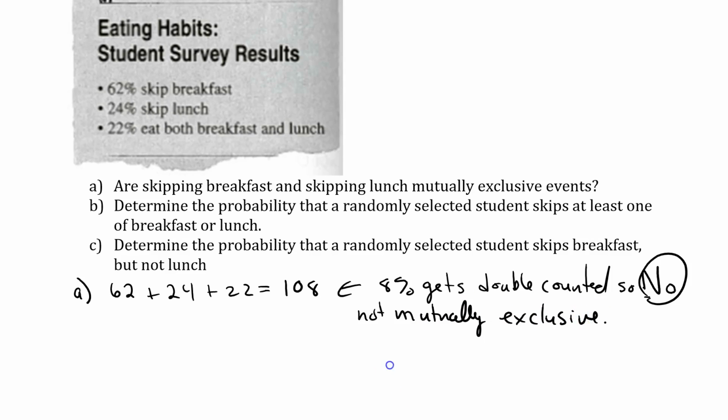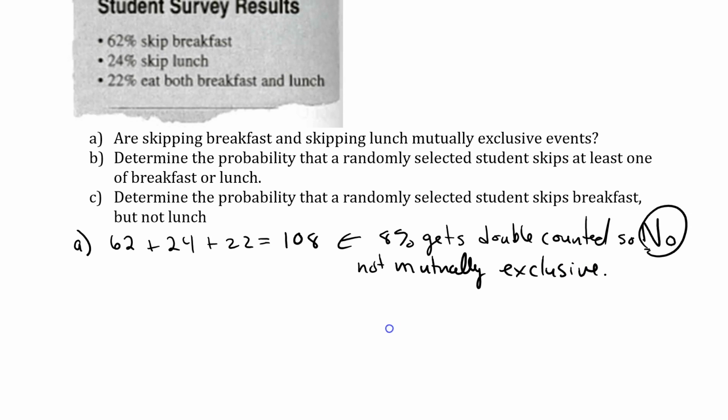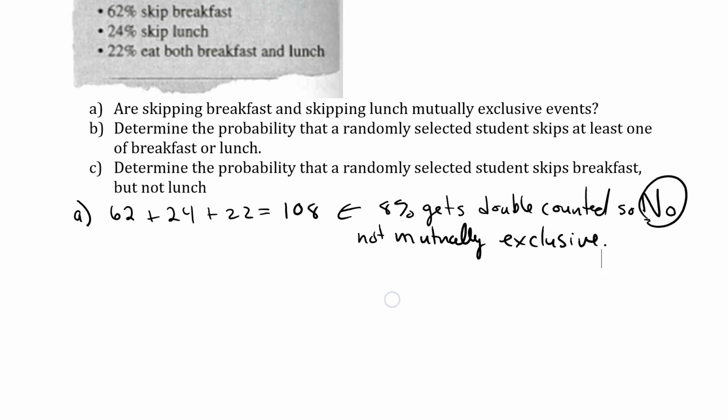Okay, so determine the probability that a randomly selected student skips at least one of breakfast or lunch.